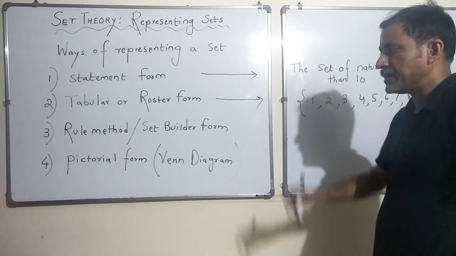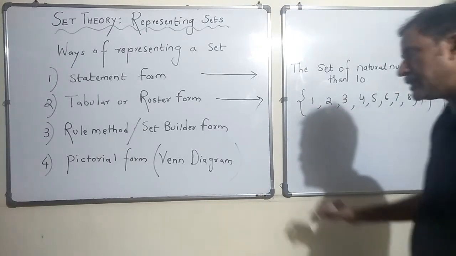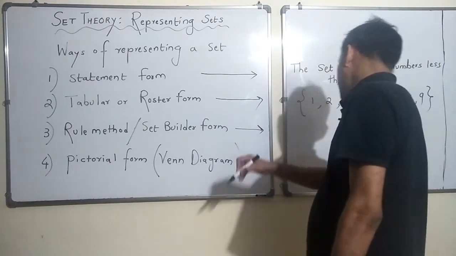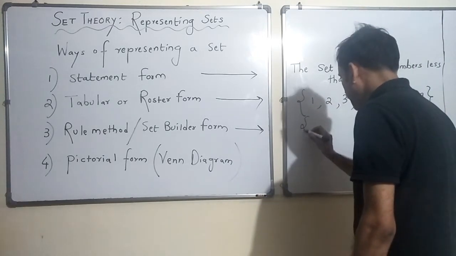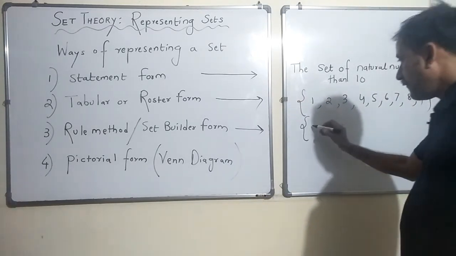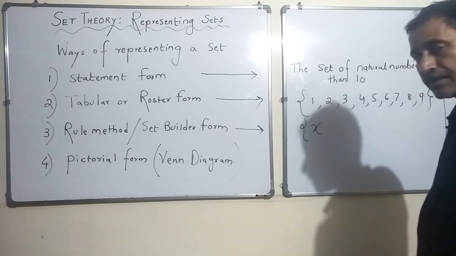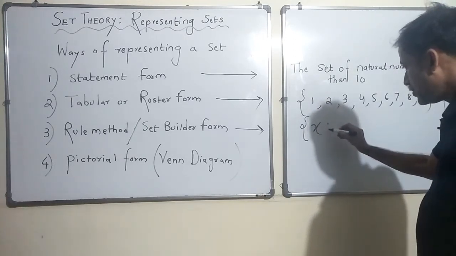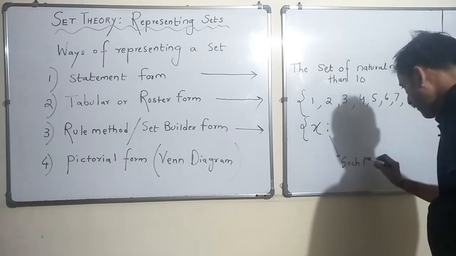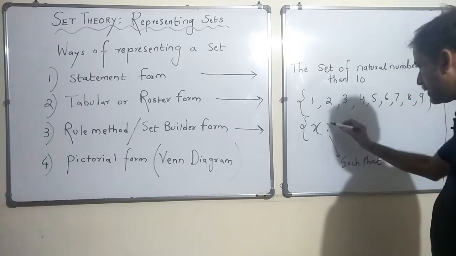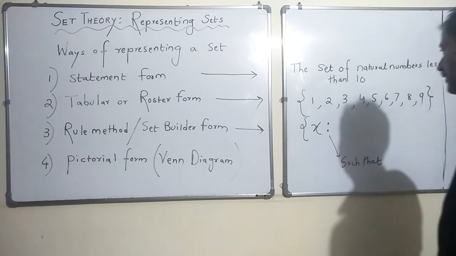How would you represent using a rule method or a set builder form, right? So I can say a set of x, okay, such that, this is such that in mathematical language.